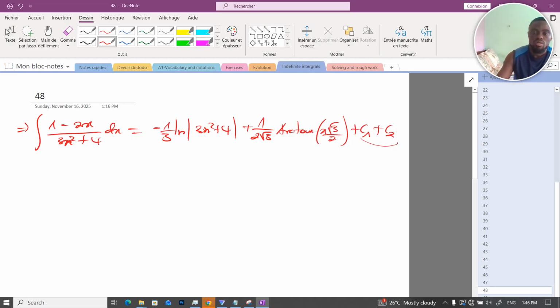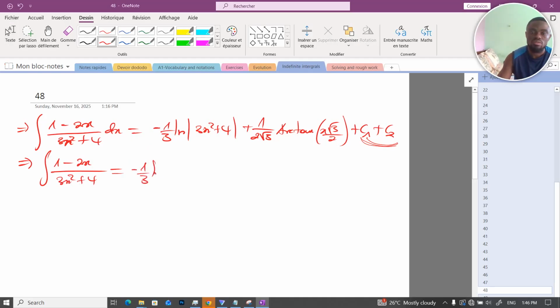You know that, as I always tell you, these are constants. There is no need of writing these two constants. This implies the integral of 1 minus 2x all over 3x squared plus 4 will be equals to what?